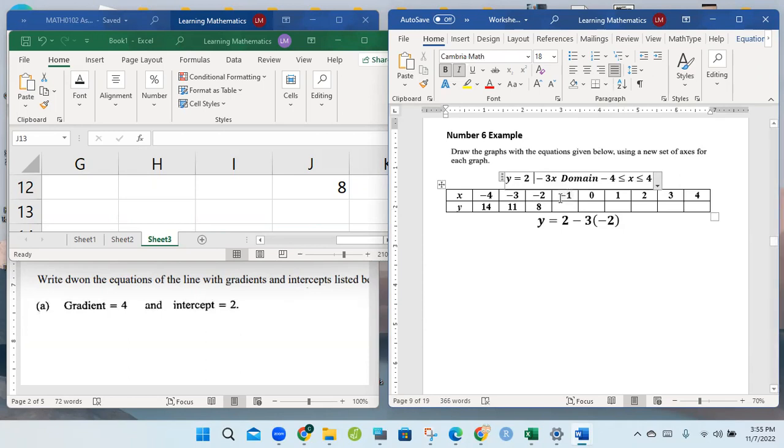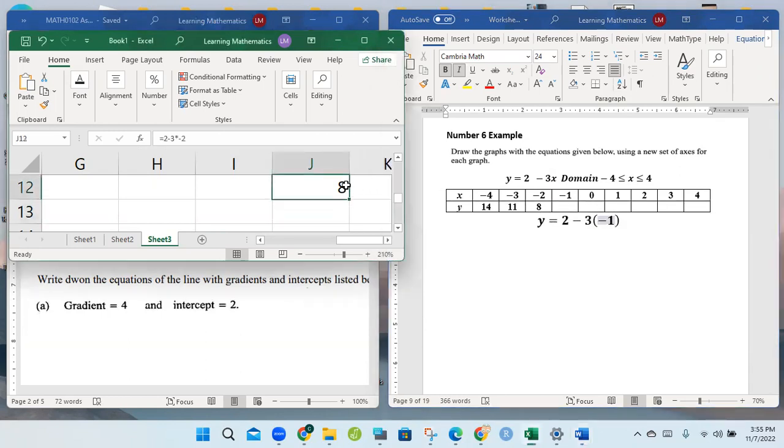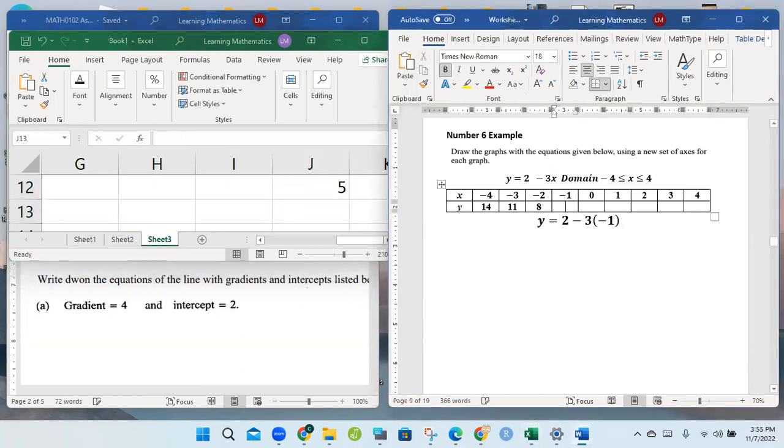So each time x increases by 1, the y value decreases by 3. From -2 to -1, it has to decrease to 5. But let us prove it. Let's substitute -1 into the expression. We're supposed to get 5. And here we get 5.